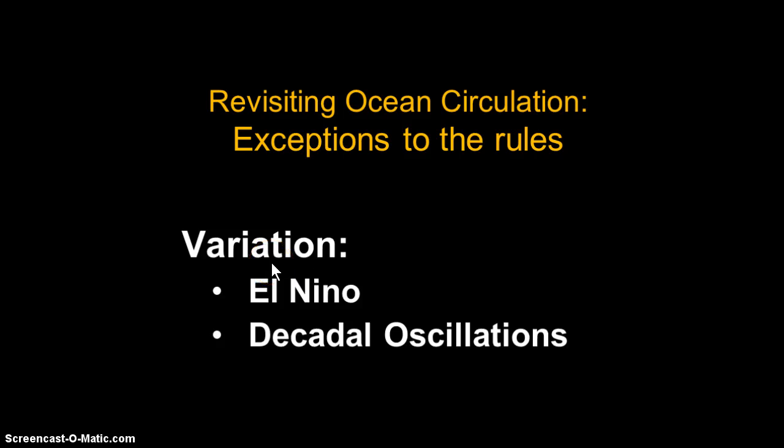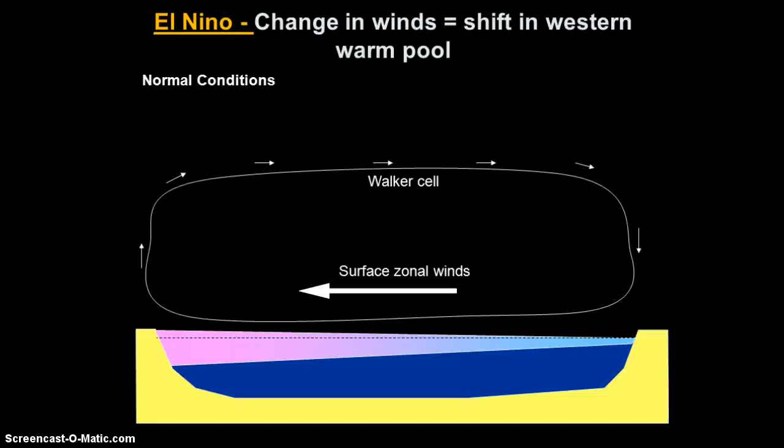It's one of the largest. It's got some of the biggest consequences, and it's one of the more well understood ones. We've studied this quite a lot. Okay, so El Nino has to do with a change in the way that the Equatorial Pacific is set up. To review, we have these long-term zonal winds that come across the Equatorial Pacific.